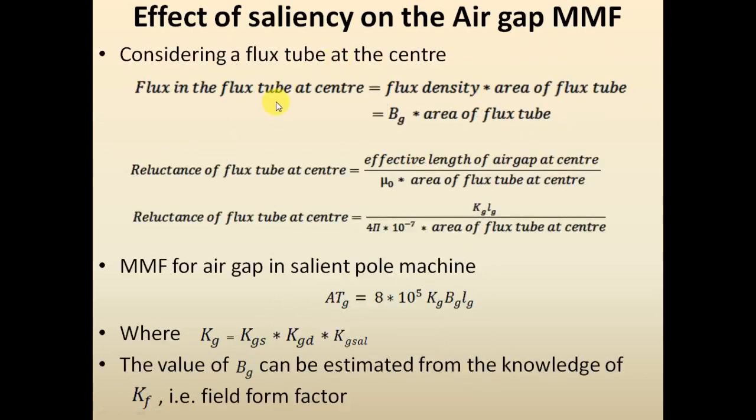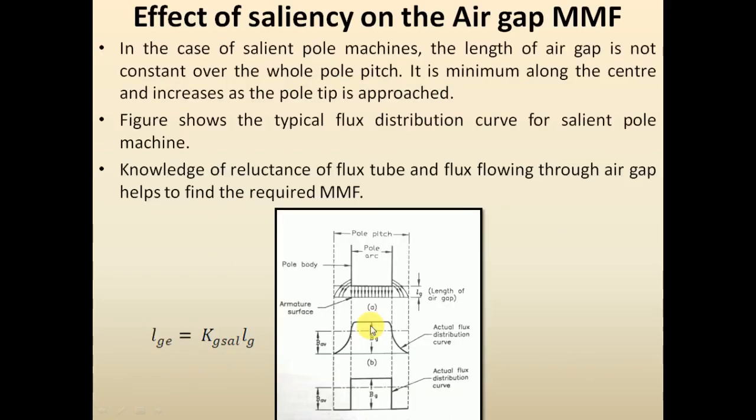The relation for the flux in the flux tube at the center portion can be found out from the standard relation of flux density. That is, flux density is equal to flux per unit area. So from that, the flux can be found out. That is, flux is equal to flux density into area of flux tube. Flux density at the center portion is said to be Bg, as shown here.